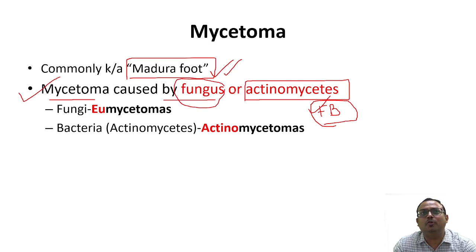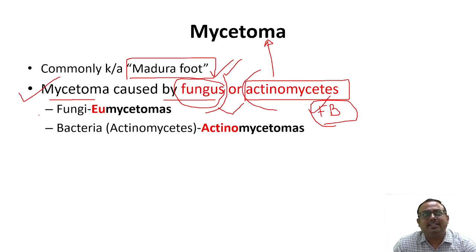Those books which mention mycetoma under subcutaneous mycosis are partially correct, because the etiological agent of eumycetoma may be correctly clubbed under fungi, but the actinomyces causing mycetoma are actually bacterial. That should be kept in mind.